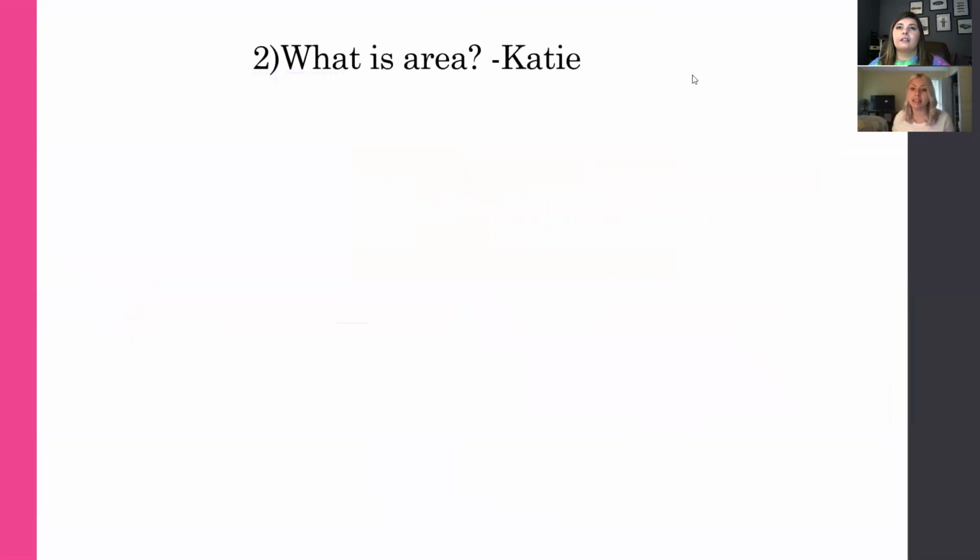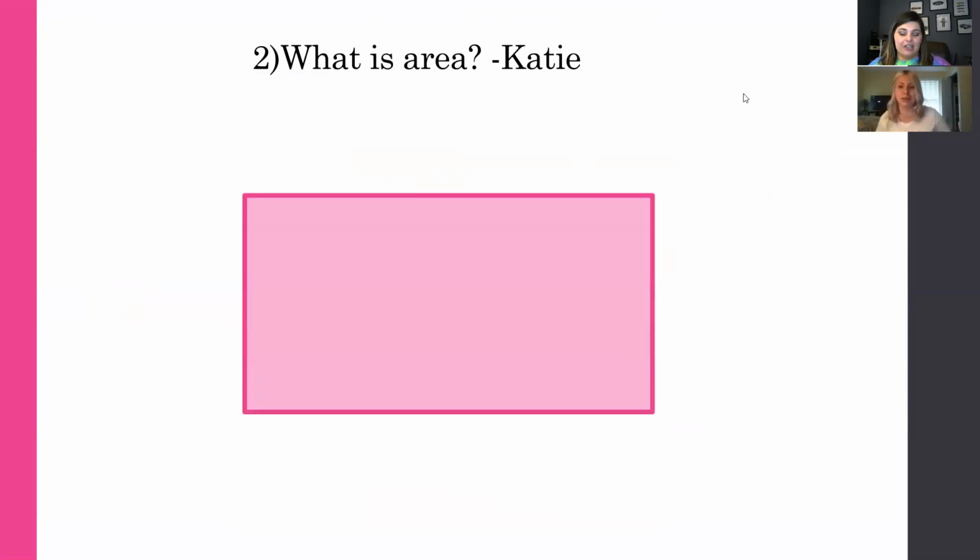So, hopefully you could explain what area is, since we already covered perimeter. Yes. An example that I love to use is say we're going to build a fence, let's say a fence for our dog.